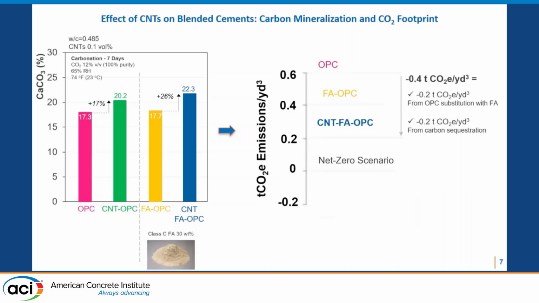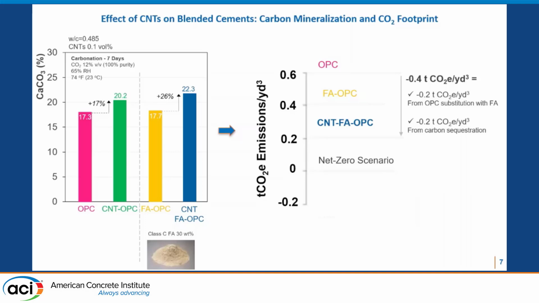I forgot if I mentioned that we substitute 30% of fly ash in the system. And again, the amounts of carbon nanotubes that we use in the mix are tiny. It's barely 0.1% per weight of cement. Everything else remains the same.